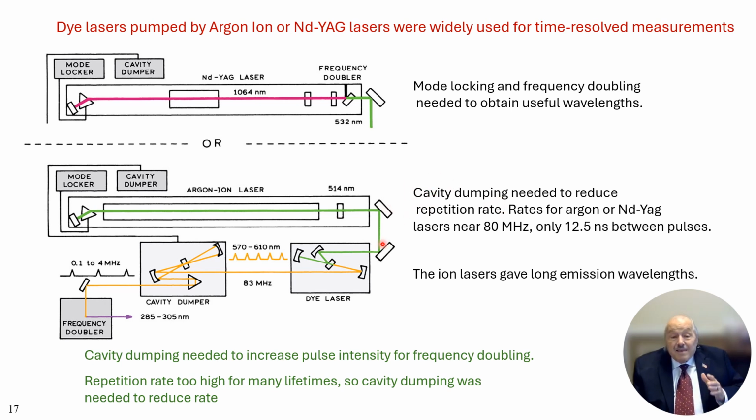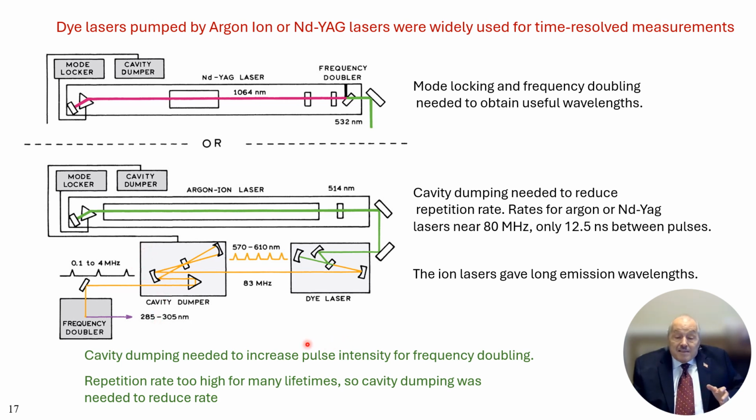These are basically large ion lasers that would pump dye lasers that would then have to be frequency doubled. To get this system to work, you'd probably have to have about 20 mirrors in perfect alignment, while at the same time having just the right path length so that the photons are moving around at the right speed so they bunch up, because they have to be mode locked by some feature on the end of the laser.